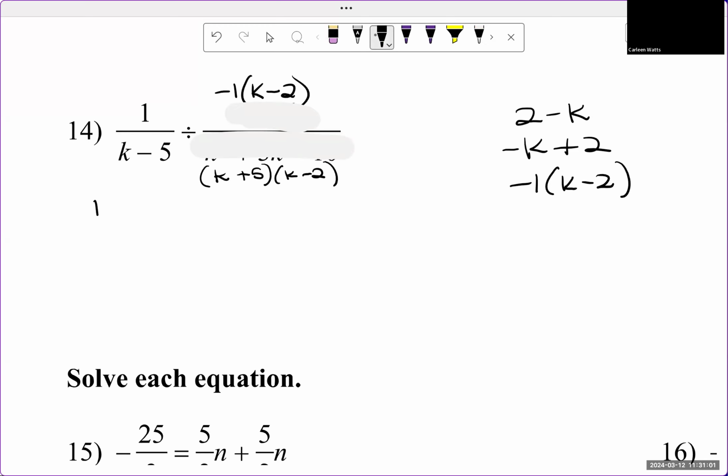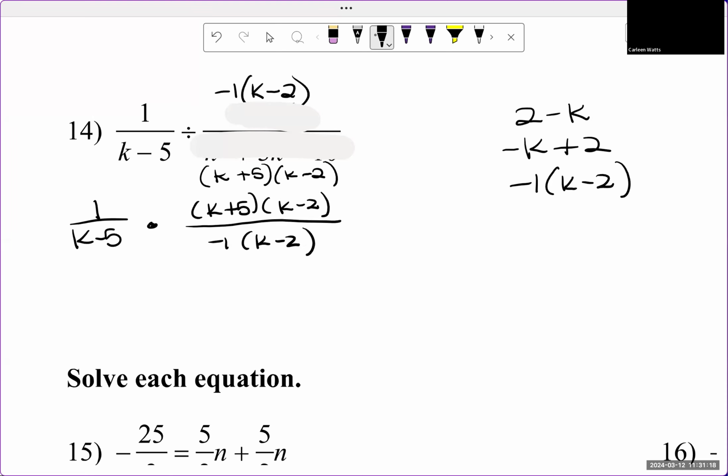So we keep, change, flip. Okay, you could see my brain is a little extra foggy today. Okay, check my work. Make sure I didn't mess it up.